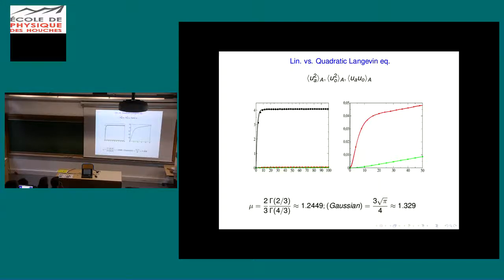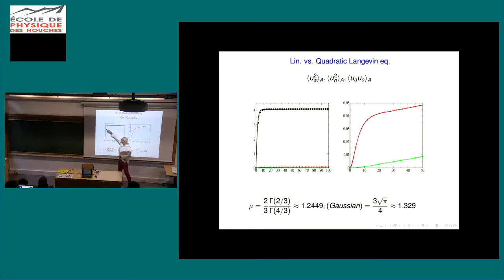And what you see here in this plot for the zero-dimensional model, you see the analytic solution for the linear model, which is the dotted line here. So here you see a difference between the dotted line and the other lines.